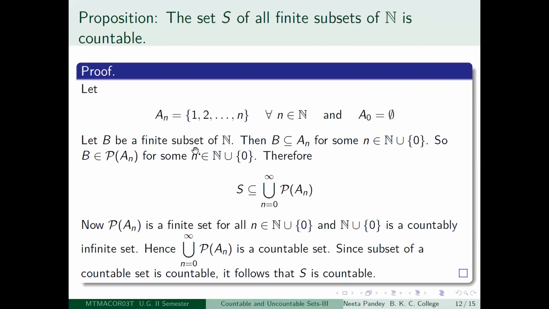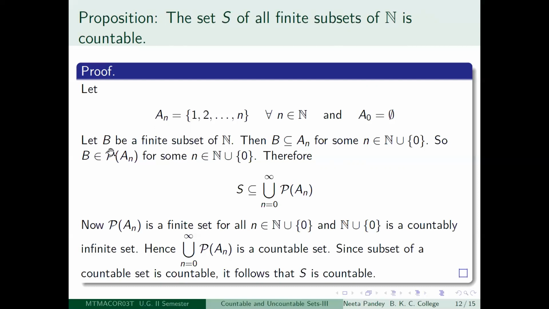But suppose B is non-empty. Let me give you one example. Suppose I take B to be {21, 51, 57}. So B has three elements. What is the A_n for which B will be a subset of that?